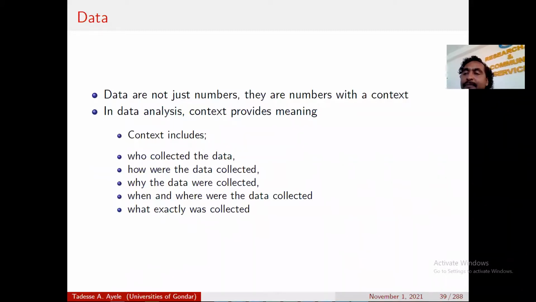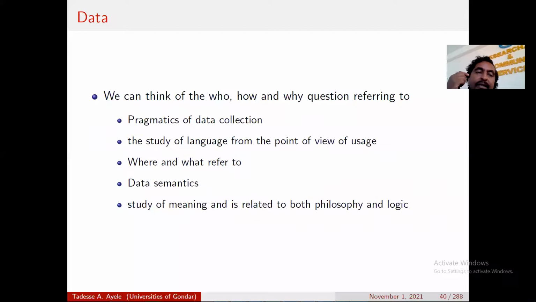So we can think of the who, how, and why questions as referring to the pragmatics of data collection. And the pragmatics of data collection means the study of language from the point of view of usage.